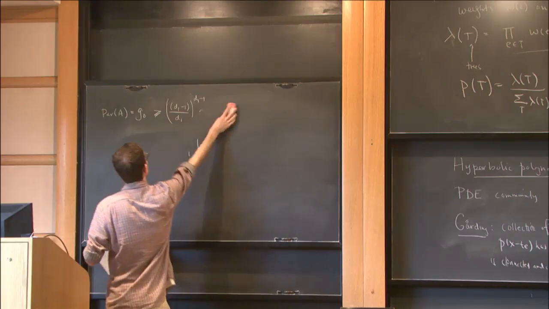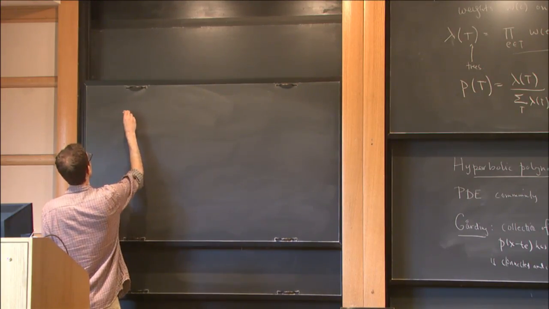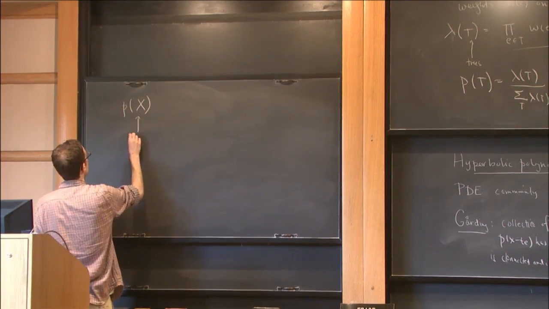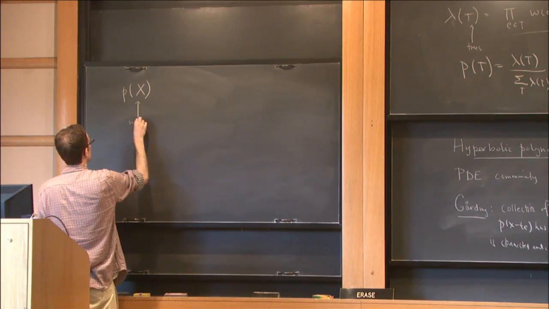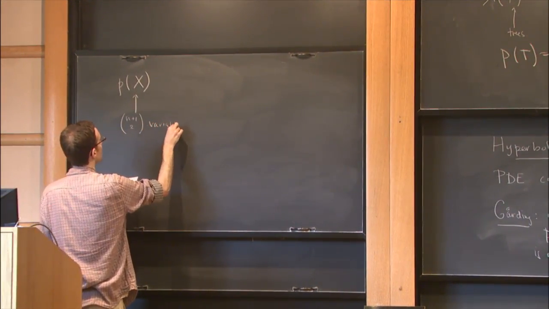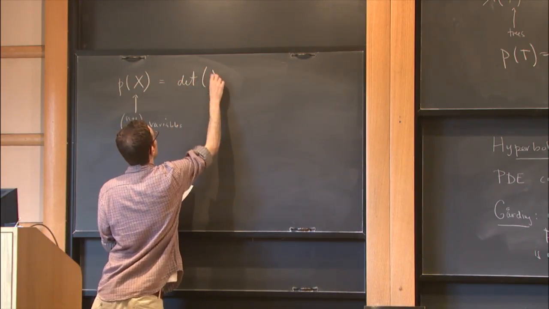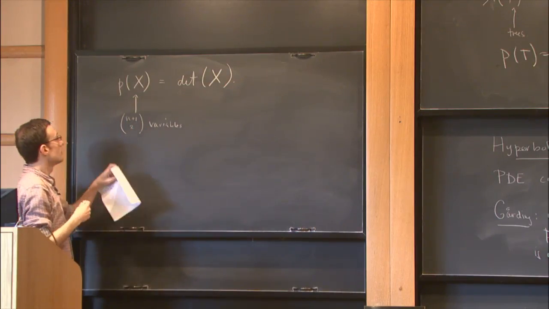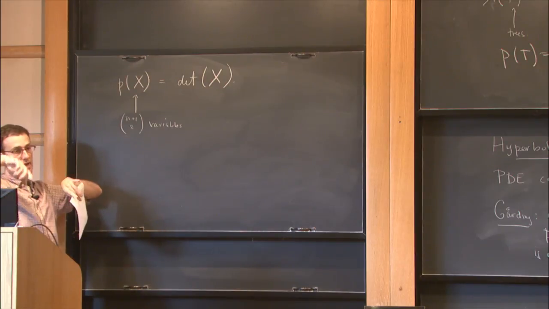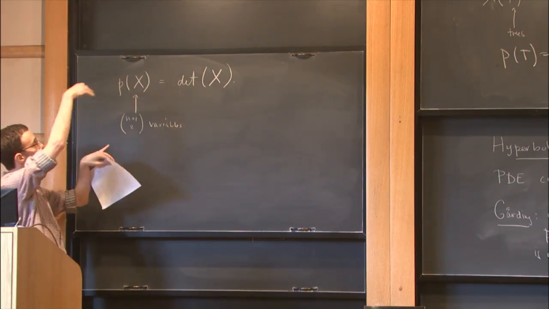And then the last one is P of x, where this is n plus 1 choose 2 variables, is the determinant of x. So it's a variable for each of the entries on the diagonal, and a variable for each of the entries in the upper triangle, and then symmetric.